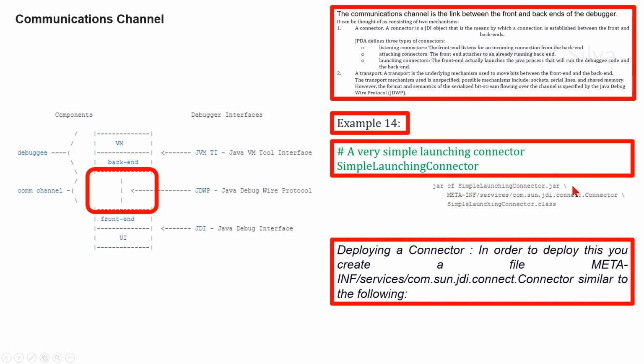The service configuration file included in the jar file is named META-INF/services/com.sun.jdi.connect.Connector. The file simply lists the fully qualified class names of the connectors included in the jar file.